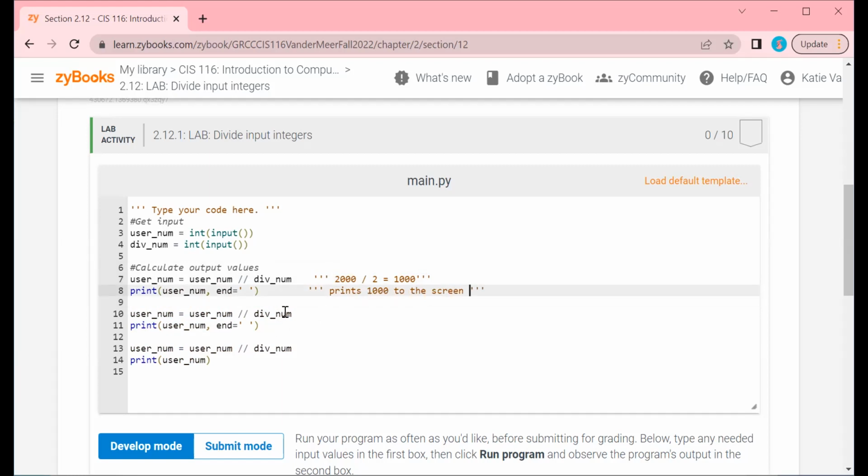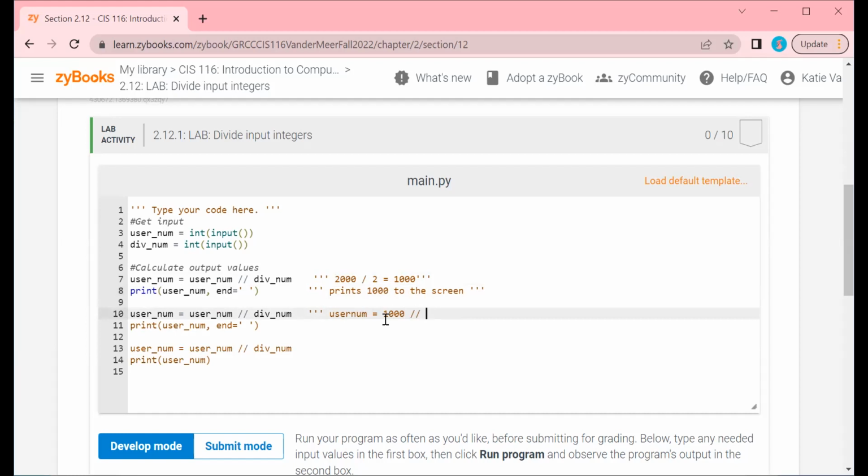Now on line 10, I'm reassigning user number again. So what I'm saying is now the new user num is going to be equal to 1000. I'm going to say floor divide by 2.